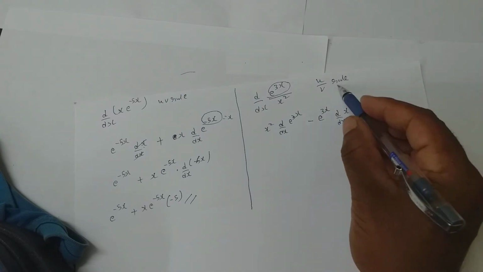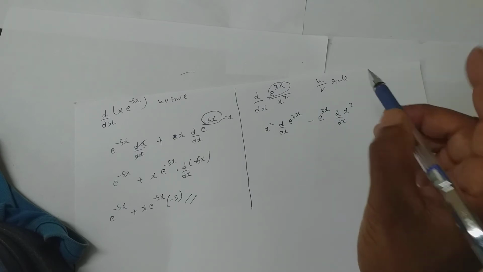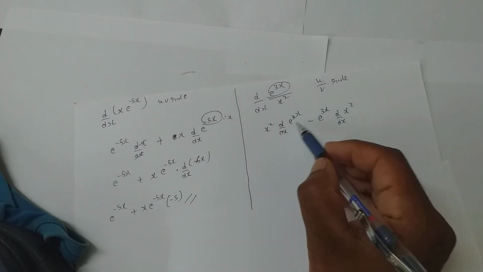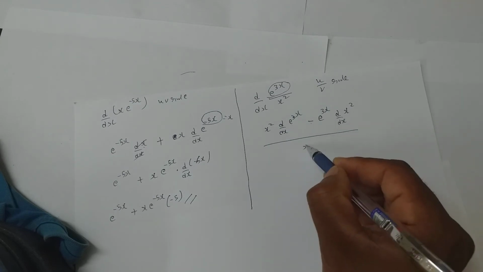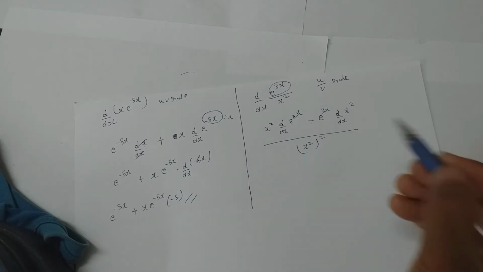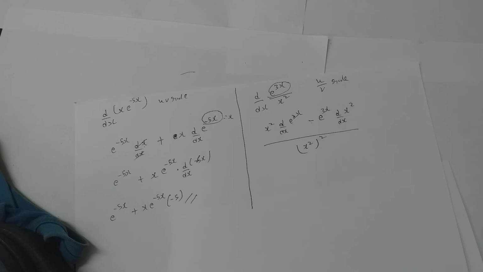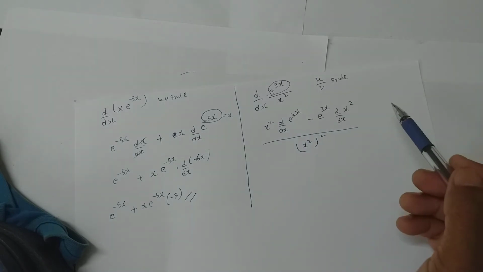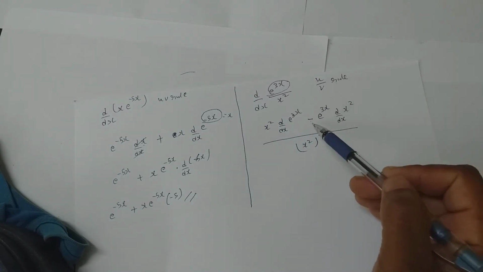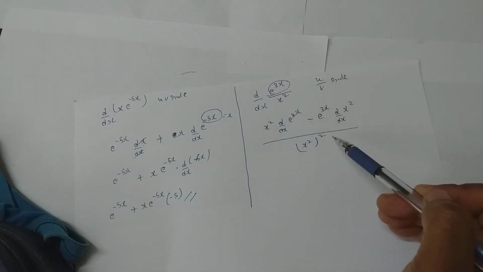Also in u by v rule we differentiate one at a time, starting with the numerator, with a negative sign in between them, and by denominator square is our u by v rule. In case you have not seen earlier videos, is it clear? UV rule and u by v rule, we differentiate one at a time. In u by v rule, with a negative sign and the denominator square.